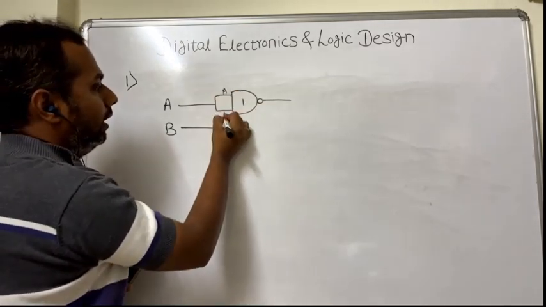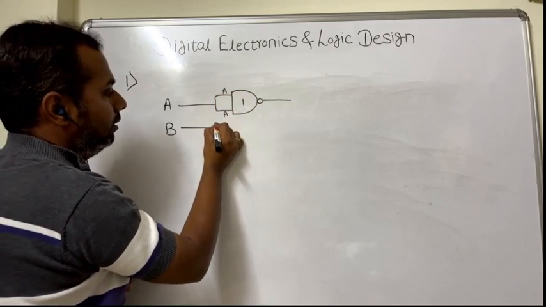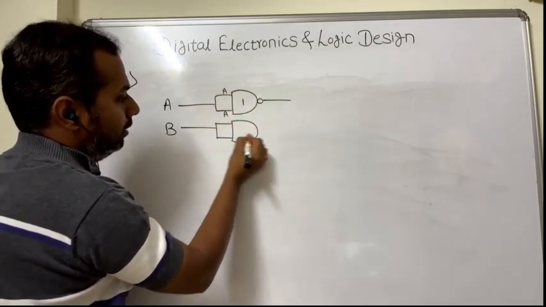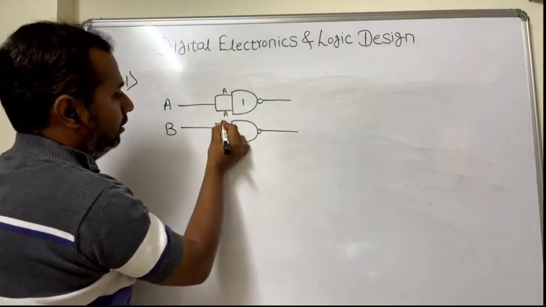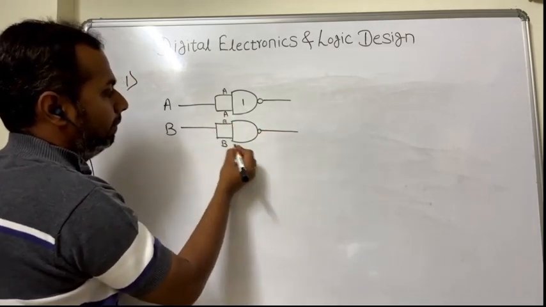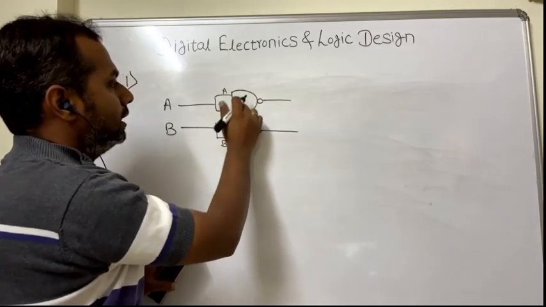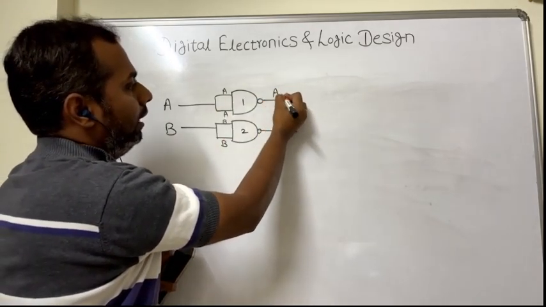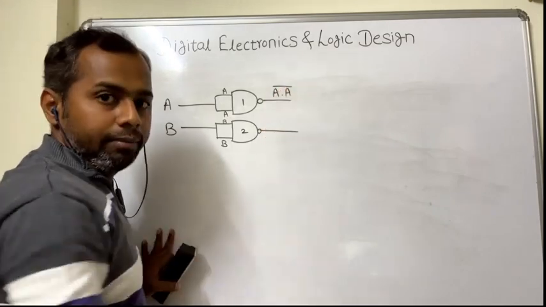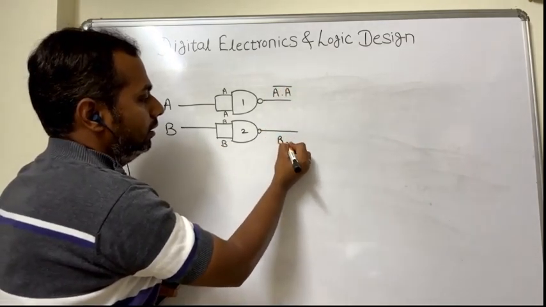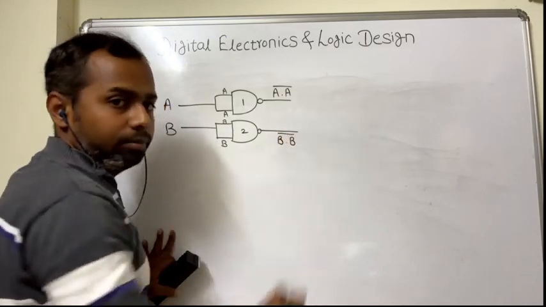So A and A. Similarly, I am applying input for the second NAND gate, B, B. So what I get here, the output of the first NAND gate is A and A whole complement, and similarly here the output of the second NAND gate is B and B whole complement.